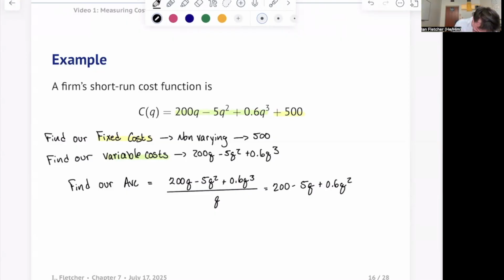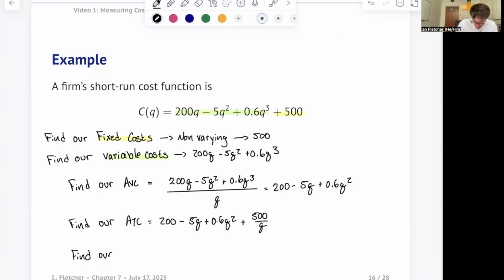And then if we wanted to find our ATC, total costs, it would be this over q. So now, finding our marginal costs, and again, this is just going to be C prime of q.